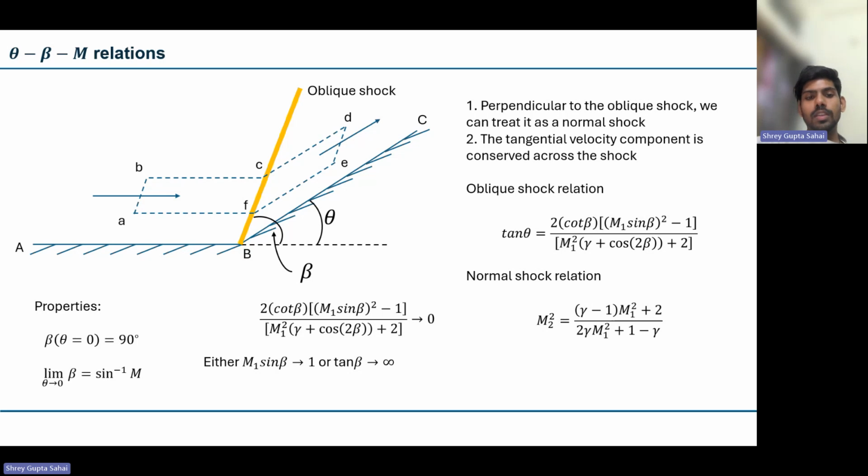So these are the only two ways. And tan beta going to infinity implies that beta will become 90, or M1 sine beta becoming 1.